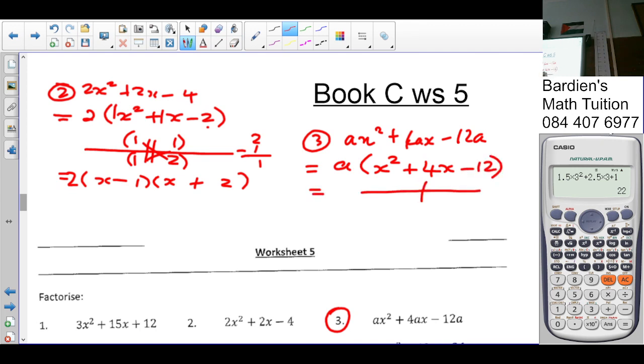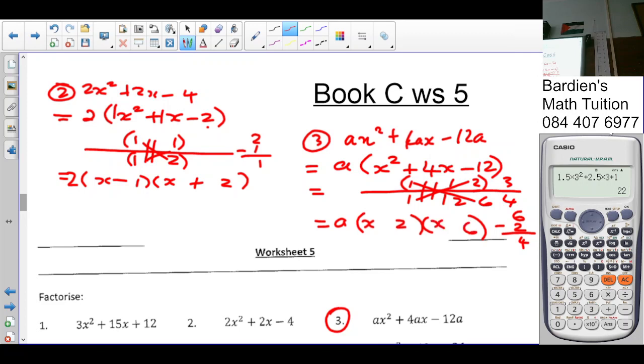Product line goes 1 and 1, 2 and 6, 3 and 4. Do we add or subtract? Subtract. 1 times 6 is 6, 1 times 2 is 2, 6 minus 2 is 4. So it's going to be x and a 2, and x and a 6. What about our signs? Opposite sign, 1 plus 1 minus. So the bigger product is going to take the sign of the middle term, which is positive.